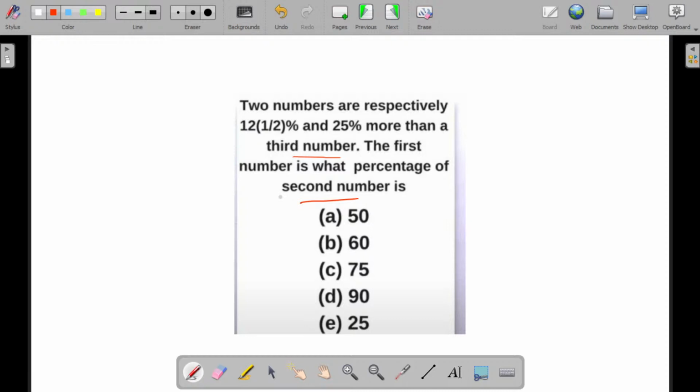There are two numbers, and they are more than the third number. The first number is what percentage of the second number? It is a little bit different from the previous problem.